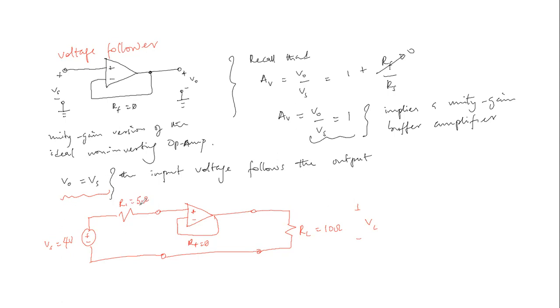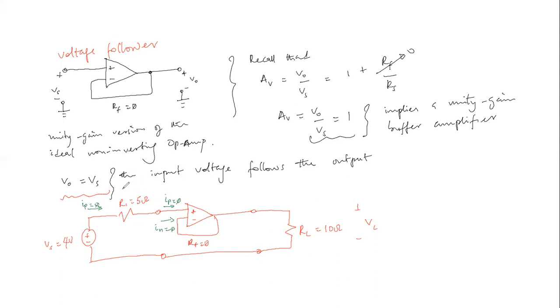Now, if you observe the circuit, and recall the assumptions, you recall that I sub P is equal to 0 and I sub N is equal to 0, the input current constraint. Now, if I sub P is equal to 0, it means the current flowing through the 5 ohm resistor, I sub P, is equal to 0. So no voltage drop here. Okay?